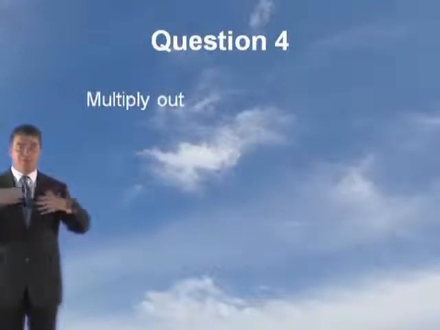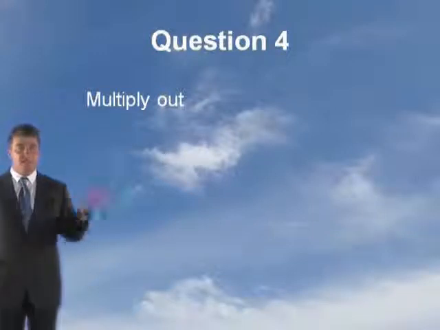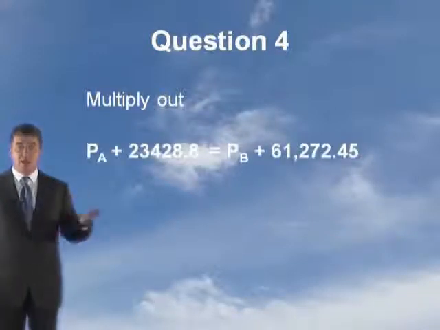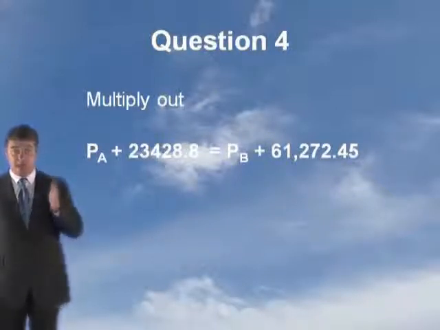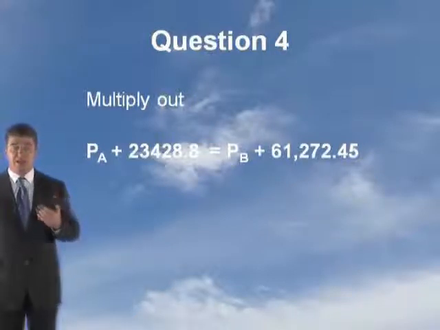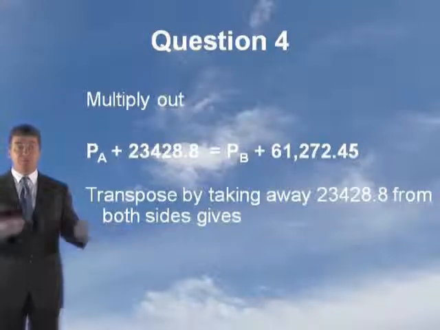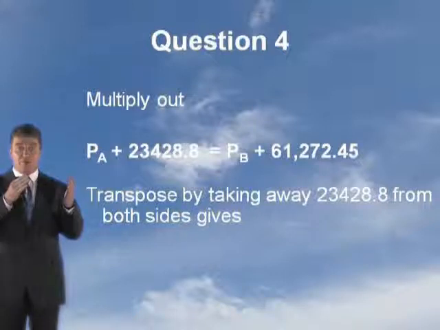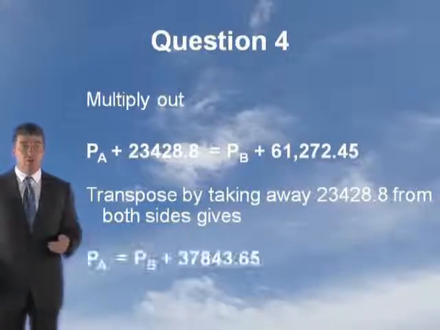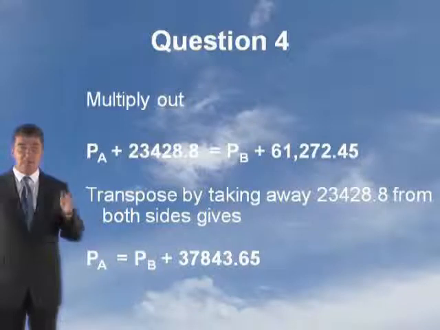If you multiply this all out, looking at this here, you get this. PA, the pressure at A, plus 23,428.8 equals PB plus 61,272.45. Transpose by taking away the smallest value, which is 23,428 from both sides, gives you PA equals PB plus 37,843.65.